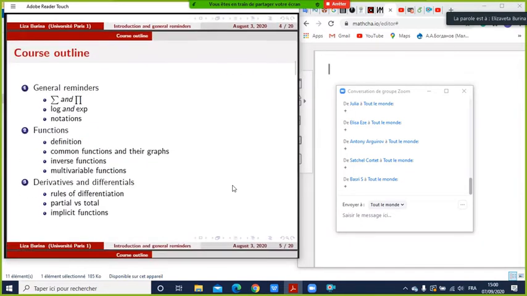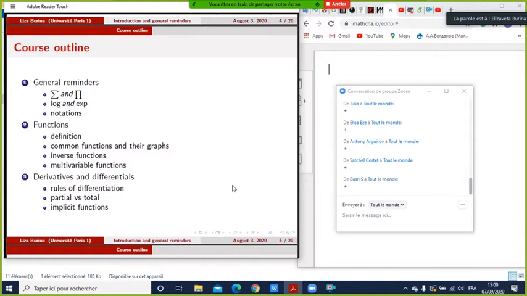So the course outline. Today we're going to do general reminders. What is a sum? What is a product? These common operators. We're going to refresh our knowledge of logarithms and exponents, and go through some useful notations. You've seen in the presentation that you have two last slides with different kinds of notations that we're going to use. It's going to be very helpful for you to learn them, because there are different ways to name one thing, like the first derivative.